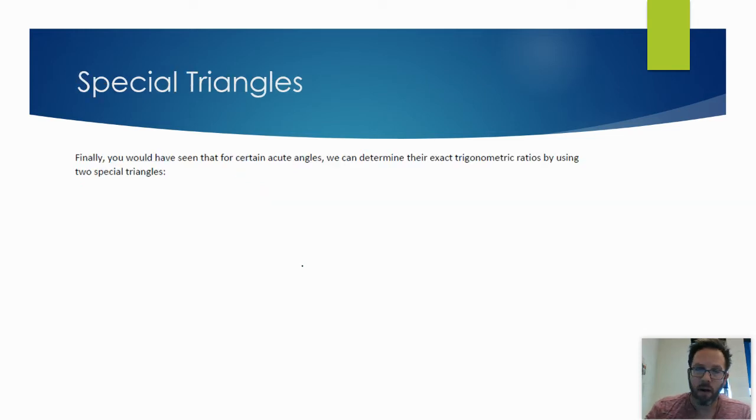All right. And the last thing you do in your grade 11 course is you learn that there are actually certain angles where I don't need a calculator. I can know exactly, without any rounding or decimals, what the trig ratio is. And the 2 special triangles that help you get those angles, I'm going to draw right now. The first one is a 45, 45, 90 isosceles triangle.